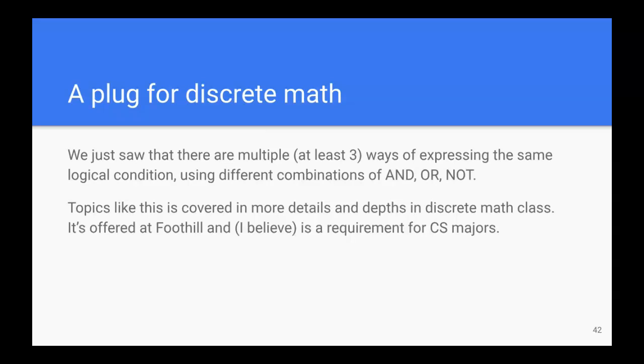They go into a lot more detail, a lot more depth, a lot more rigorously. It's a math class after all, and it's a very good complement to being a computer science major. I think it's offered here at Foothill. I don't remember the exact course number, and I believe it's a requirement for all of you CS majors. So make sure you do take the discrete math class at some point.